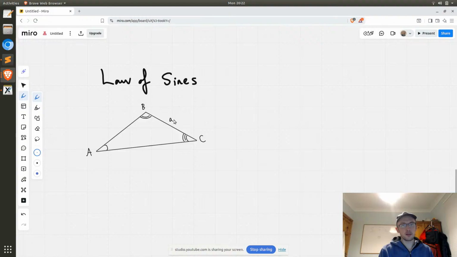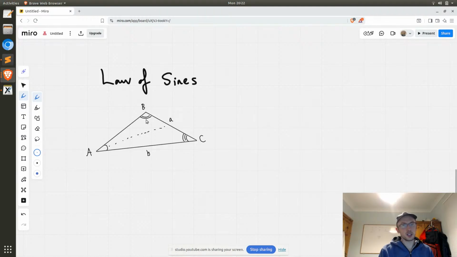This side, the side connecting vertices B and C, shall be called little a. And the reason why is because it is the side that is opposite angle A.